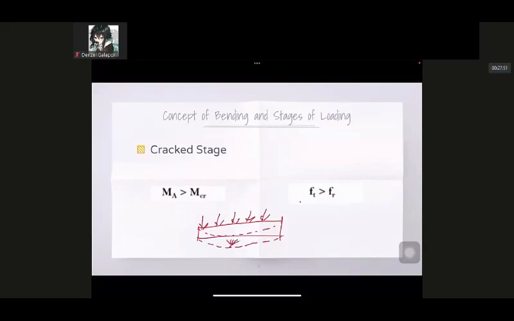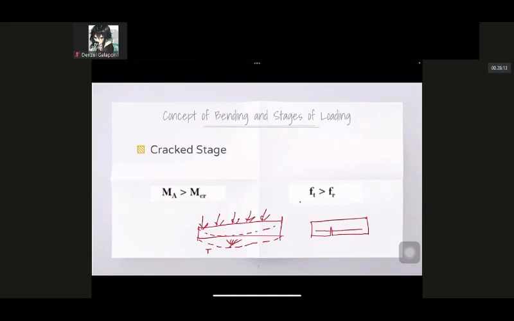Kasi itong bottom fiber is in tension. Mahina ang concrete sa tension. So pag nag-crack na yung nasa bottom fiber mo, let's say this is the beam, exaggerated crack, and nakikita na yung bakal, ibig sabihin hindi niya na kayang humawak. Yung concrete mo hindi niya na kayang humawak ng tension side.